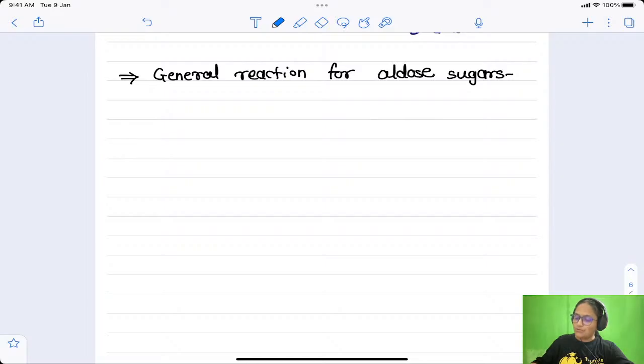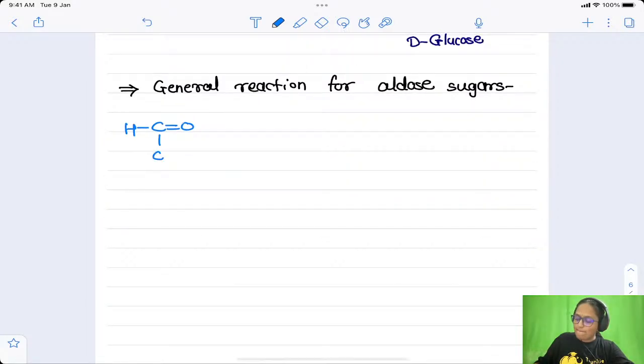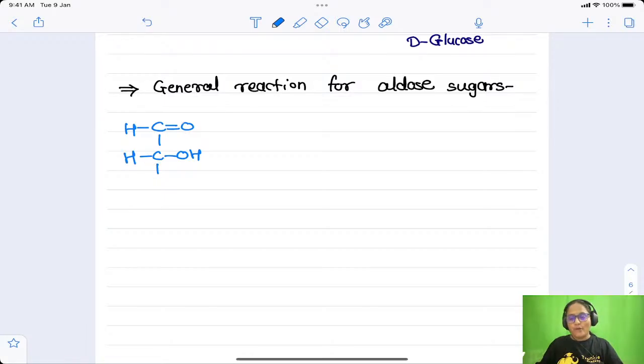For all aldose sugars there will be C double bond O here, right? All aldoses will contain this. Then the next part is CHOH, which also takes part in the reaction. I'll write it down like this, CHOH. Now these two things will be present in all aldoses. Then on the basis of whether it is pentose, hexose or heptose, the rest of the structure will be different.